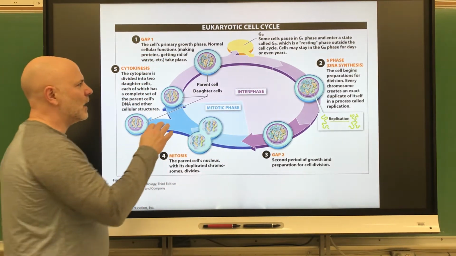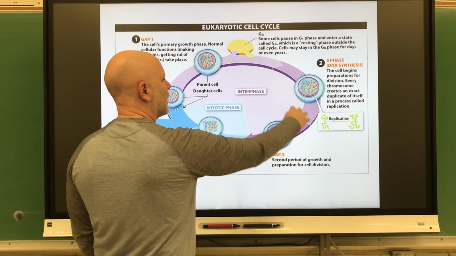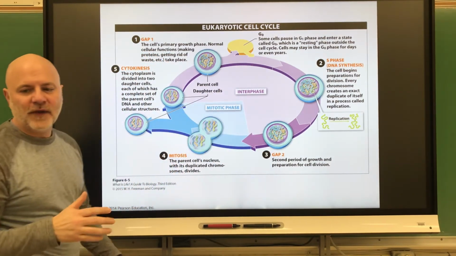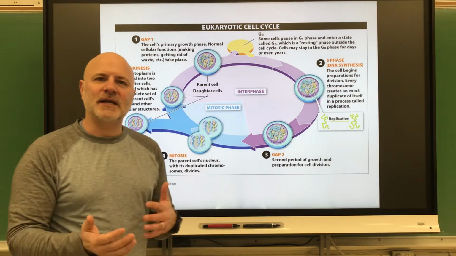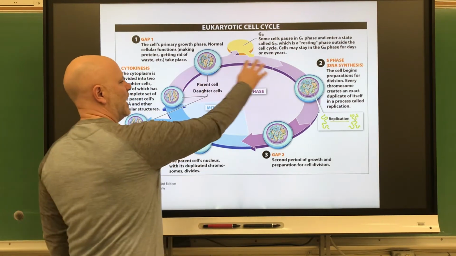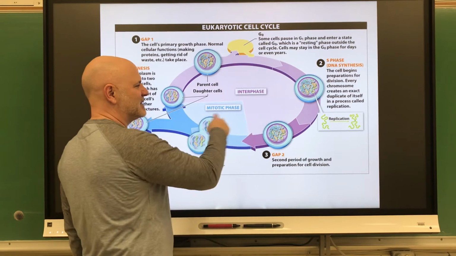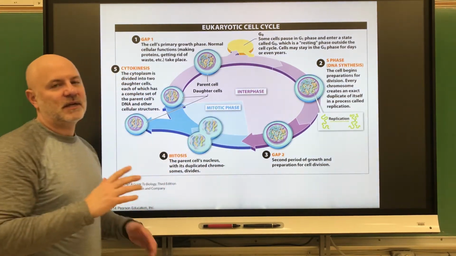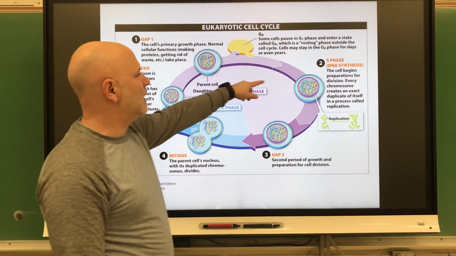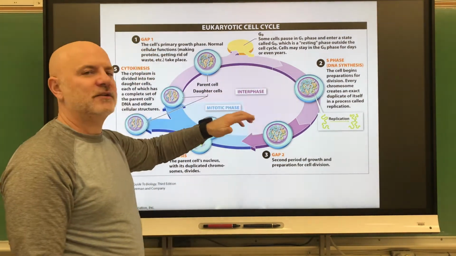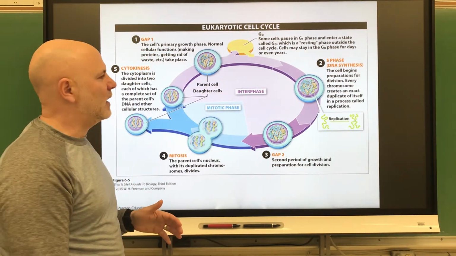All this in purple is interphase. Interphase is the period in the eukaryotic cell cycle when the cell is not actively dividing. So interphase is not one of the stages of mitosis; it's everything outside of that. That includes the G1, the S, and the G2 stages. Those are all part of interphase.